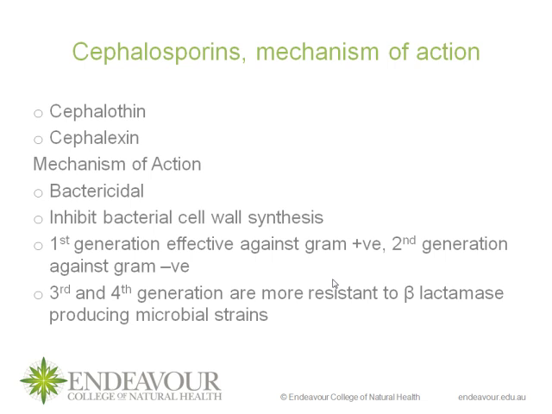So the spectrum was improved by chemically altering the structure of the particular cephalosporin. With the third and fourth generation cephalosporins, these were the ones that were synthetically produced so as to be more resistant to the beta-lactamase enzymes.